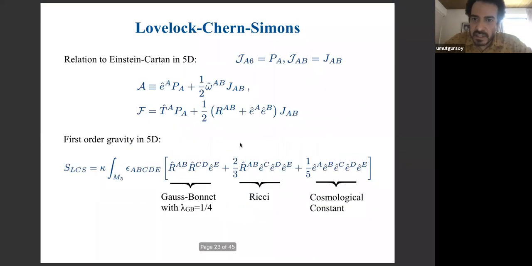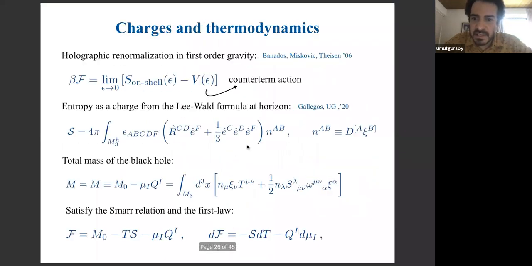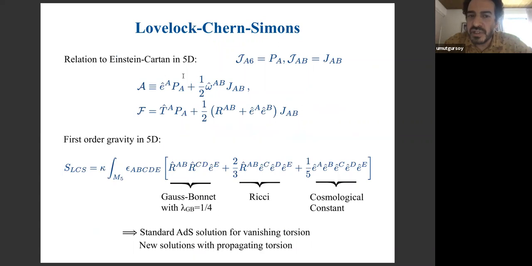And this other really nice reference is Paniados, Miskovich, and Tyson in 2006. So here you also see where this identification is coming from. This SO(4,2) identification is essential because you identify one of the 5 components and the sixth, when you consider this generator, with the translations in 5 dimensions. So you need more than SO(4,1).